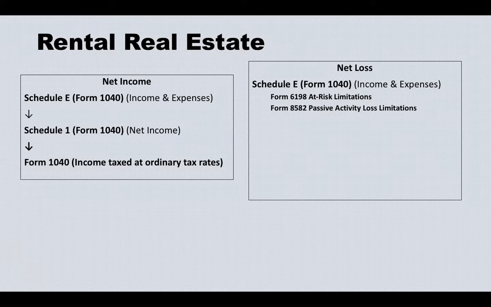Wages and salary are not passive income. Income from your investments, like stocks, mutual funds, bonds, and interest, is portfolio income. It is not passive income, so you cannot offset that income either. So that's the passive activity rule.